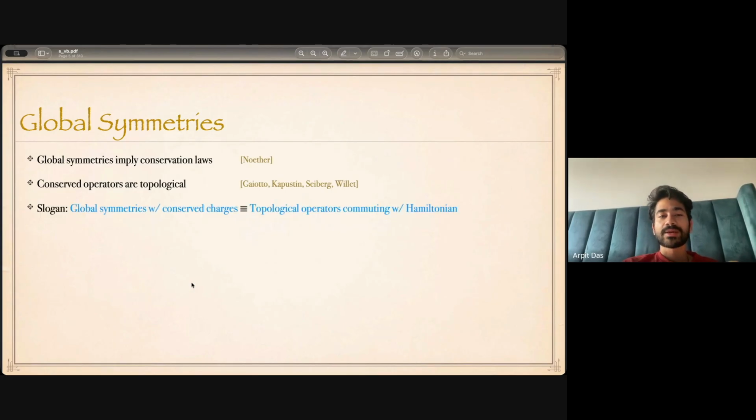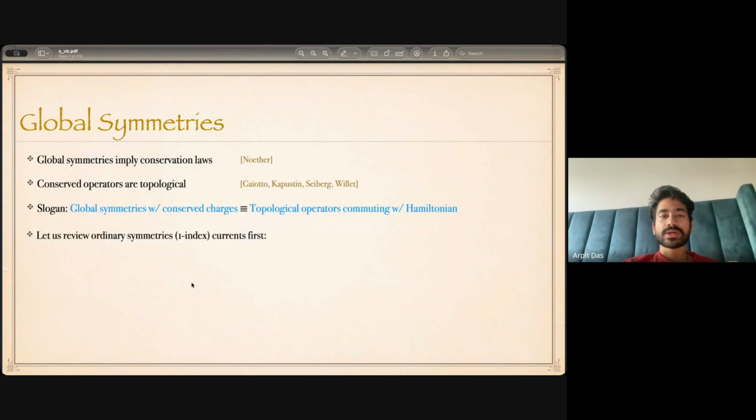So the slogan I want to highlight is that if you have global symmetries in your theory with conserved charges, which is Noether's statement, then there are always underlying operators which are topological, and that furthermore commute with your Hamiltonian. And this commuting with your Hamiltonian is what brings in the nature of it being a global symmetry.